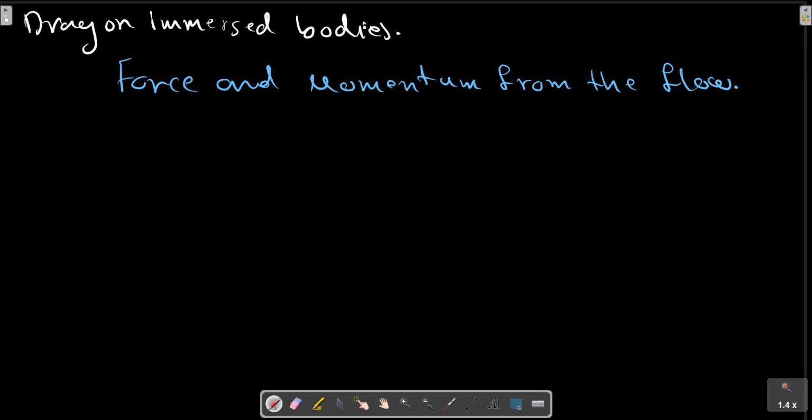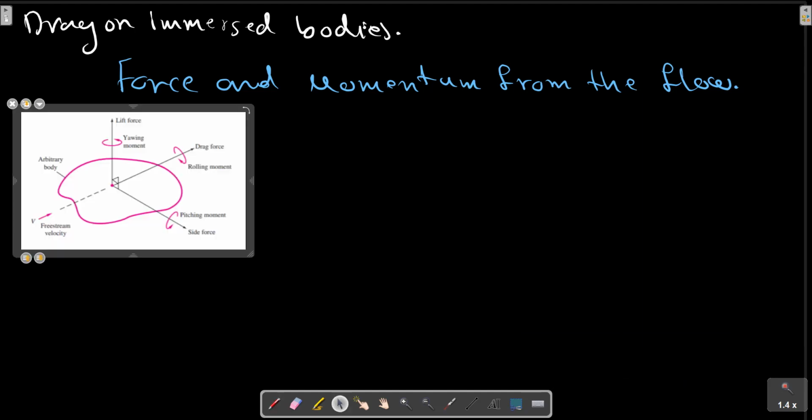If the body has arbitrary shape and orientation, the flow will exert forces and moments on all three coordinate axes, as shown in this picture. It is customary to choose one axis parallel to the free stream and positive downstream. The force on the body along this axis is called drag.